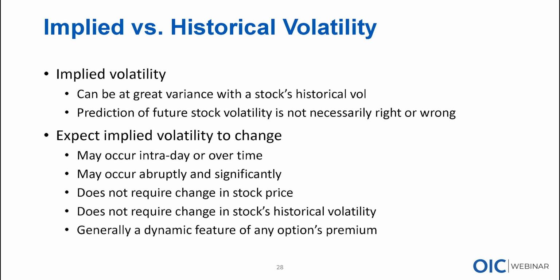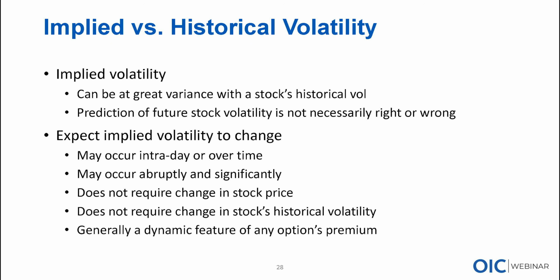So if implied volatility is 15%, we would expect it to increase at some point, and because of that, some investors may see it as a buying opportunity. As volatility increases, option prices increase as well. Whether it's a call or a put, both will increase in value as volatility increases. And again, we generally see that around an unknown event, whether it's earnings season, a Fed meeting, something like that.